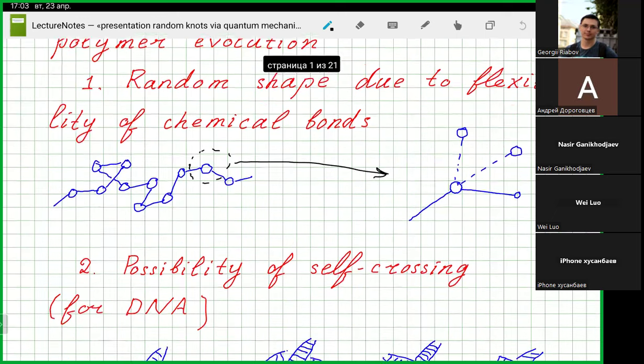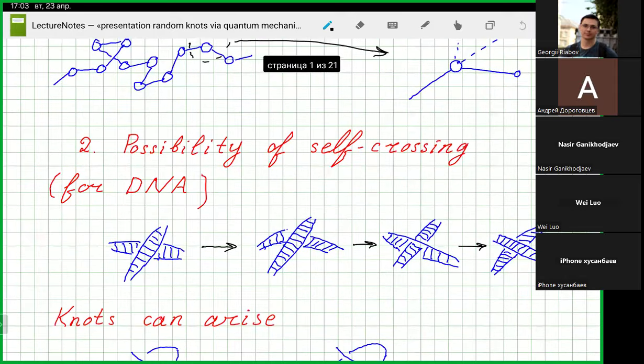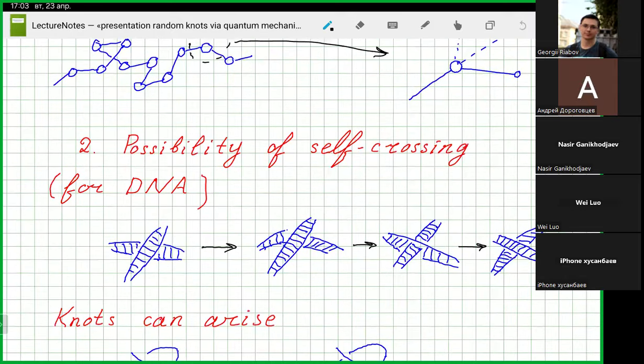Also, it is known, for example, for DNA, that due to the double spiral structure, DNA can cross itself. On the picture, I just give you some imagination of how it looks.